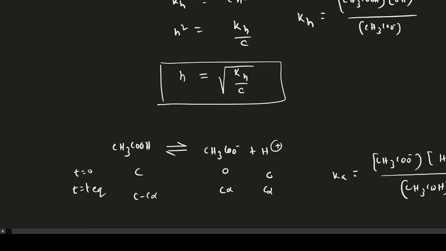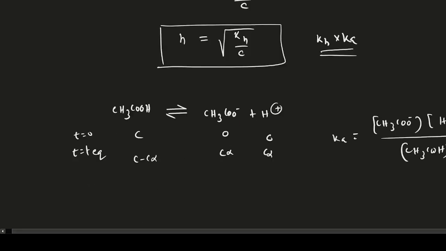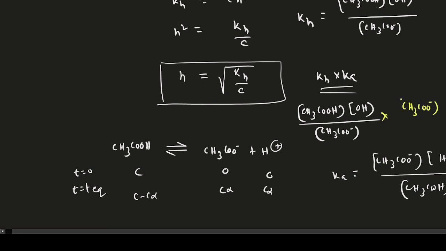So Kh equal to this, and if you multiply Kh into Ka, what do we get? Kh is CH3COOH times OH minus over CH3COO minus, and Ka is CH3COO minus times H plus over CH3COOH.